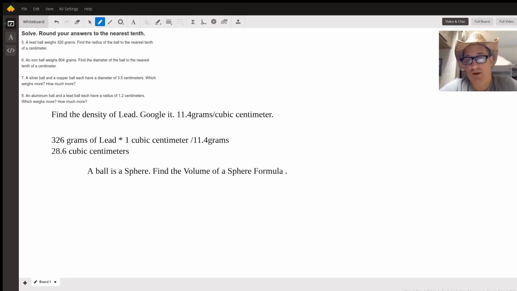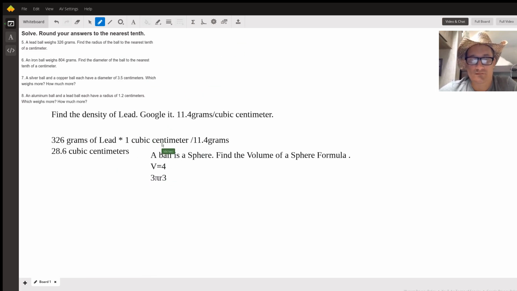And you can memorize that or look it up on Google. So volume of a sphere, and I'm Googling it right now because why memorize? Rather learn how to think. The screen's kind of filling up, so I'm going to just type it.